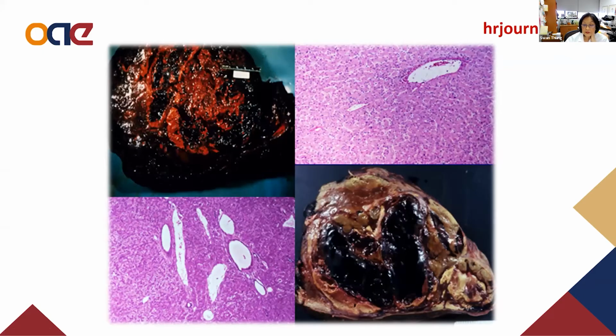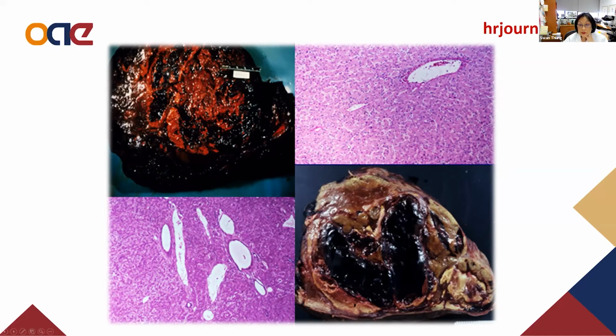This is, of course, an old picture. As you can see, hepatocellular adenoma, large, with quite a bit of hemorrhage. But nowadays, with so much progression in the imaging techniques, these lesions are diagnosed at much smaller sizes before they bled.